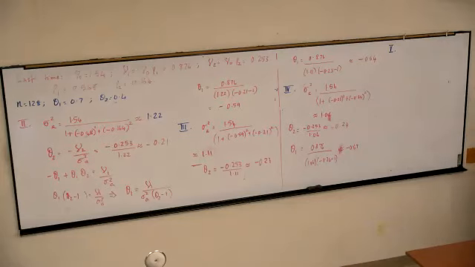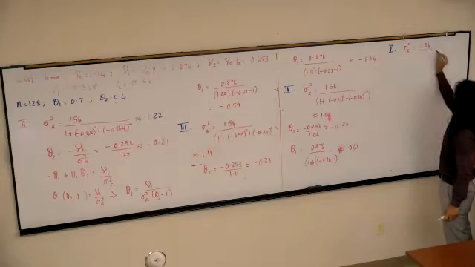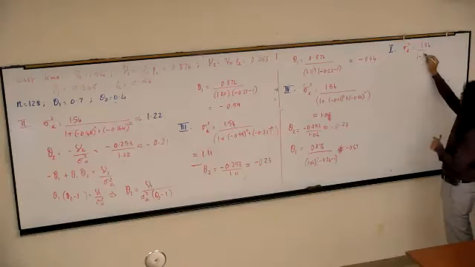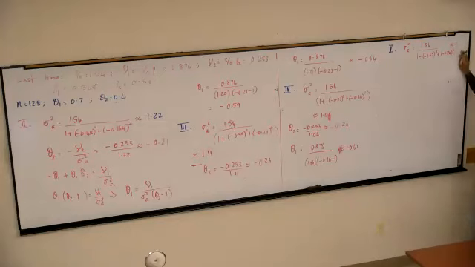Step 5, repeat the process again. 1.54 divided by 1, the new value of theta 1, negative 0.67 squared, plus negative 0.24 squared. What do we get? 1.022.